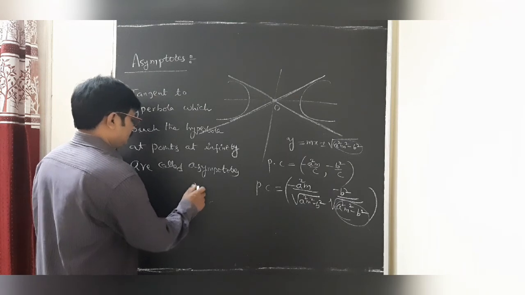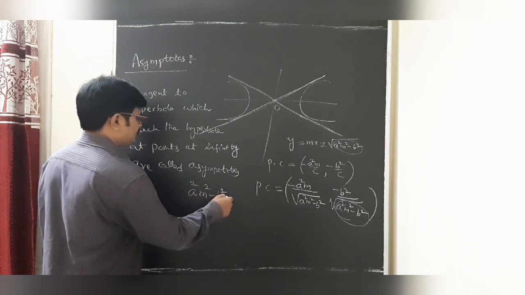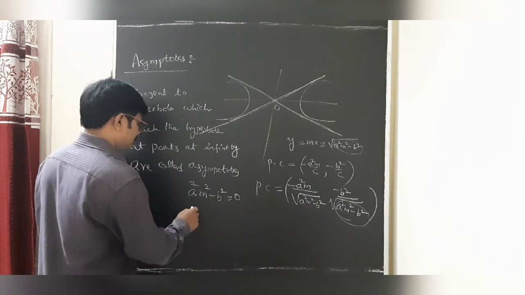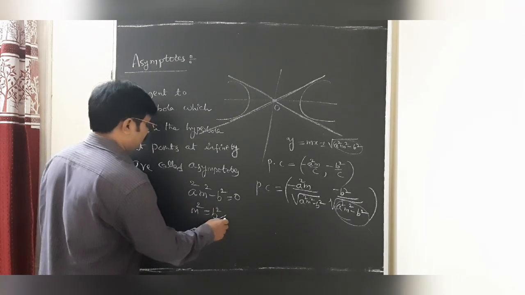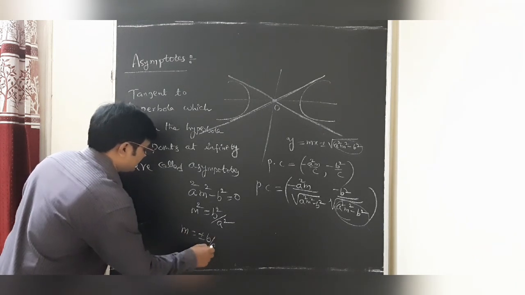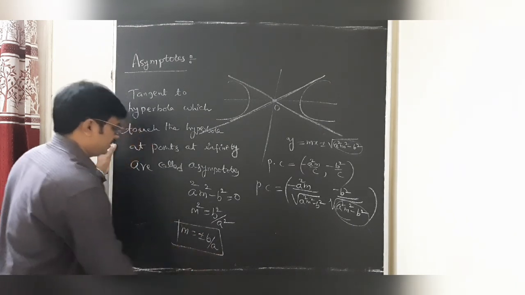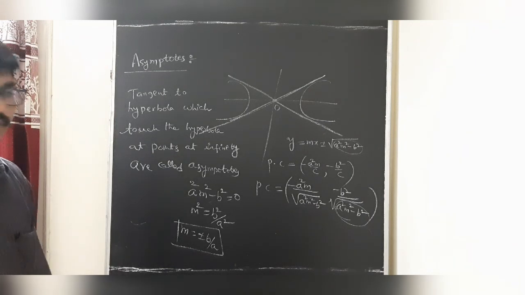That means a²m² − b² = 0. This gives m² = b²/a². So m = plus or minus b by a.